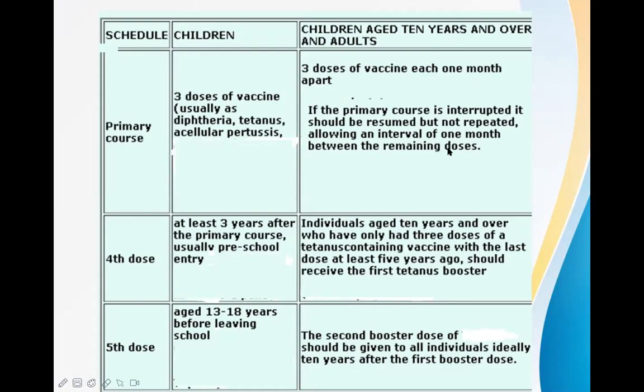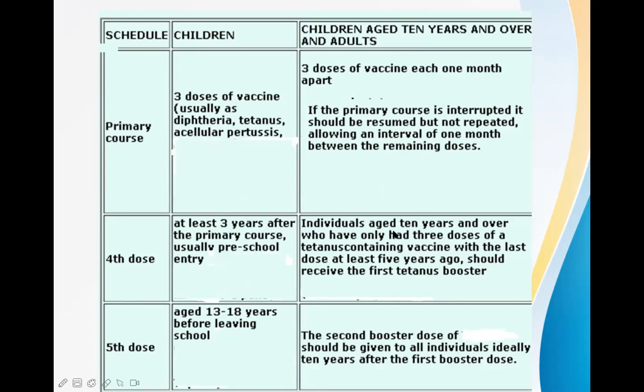This is an important point. Now, the 4th dose is given at least 3 years after the primary course, usually at preschool entry. This is a little bit different in different countries. Some want to give it at 16 to 18 months also. Some say when the baby starts to go to school, then the next dose would be given. So it is a little bit variable.